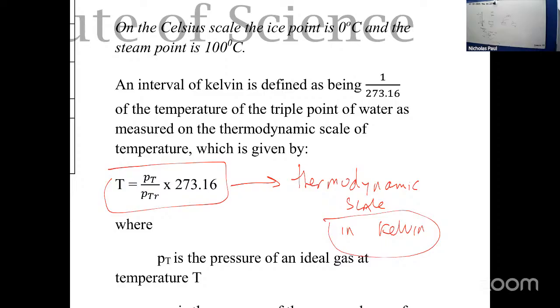PT is the pressure of the ideal gas at the unknown temperature, and PTR is the pressure at the triple point. That's one. Please make a note of that: thermodynamic scale equals that formula.